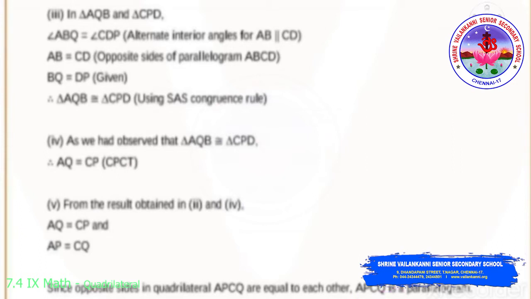By the previous cases, we know that AQ is equal to CP and AP is equal to CQ, where AQ, AP, CP, CQ form the opposite sides of the quadrilateral APCQ. By the property, if a quadrilateral has both pairs of opposite sides equal, then the quadrilateral is a parallelogram. So APCQ becomes a parallelogram.